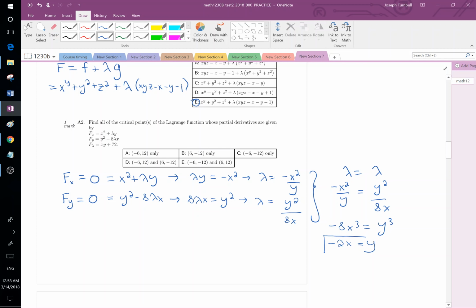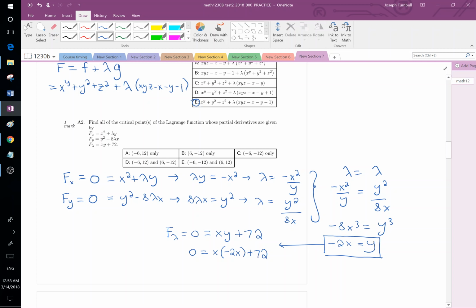That gives us a relationship between x and y, and we can use that relationship inside the f sub lambda equation. F sub lambda, which we also have to set equal to 0, it is xy plus 72. So we have 0 equals x times, and we'll replace y with negative 2x, plus 72.